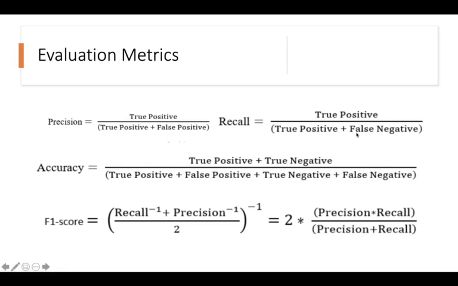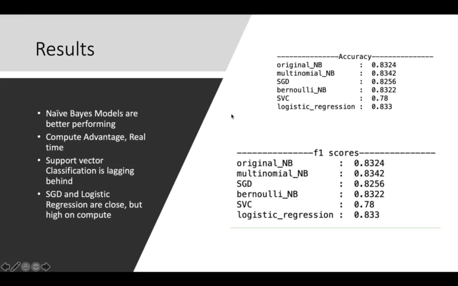And similarly, there's recall, accuracy and F1 score. These are some measures which will tell us if it is going well or not. So coming to the results, we can see the original naive Bayes, the flavors of naive Bayes, are doing well. So we have a real compute advantage over there.